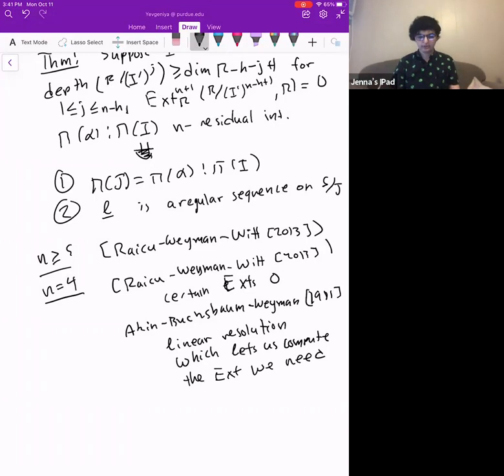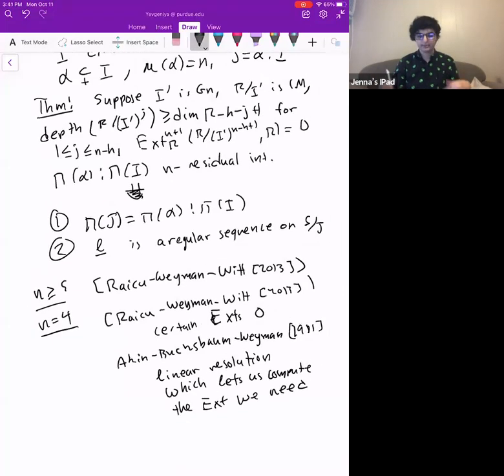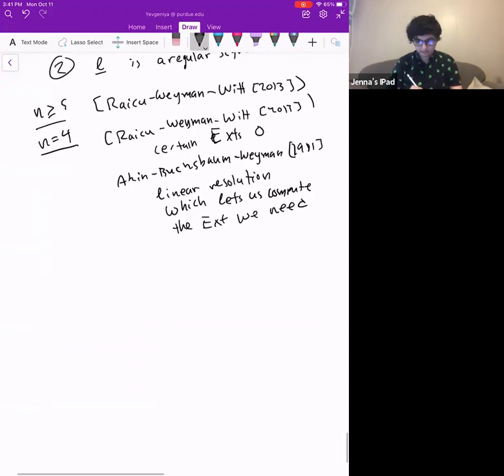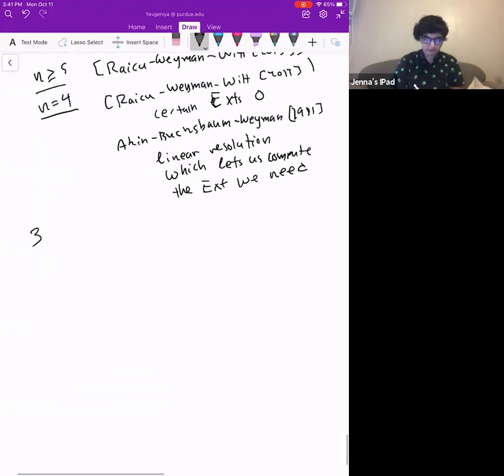So with using these two things and this theorem, we have that I specializes. So we just have our last big step. We just need to deform to the generic residual intersection.